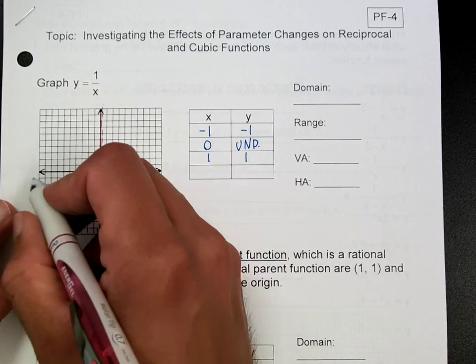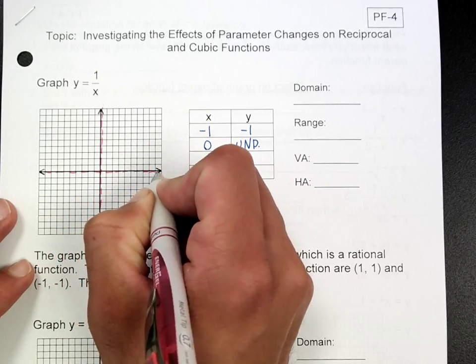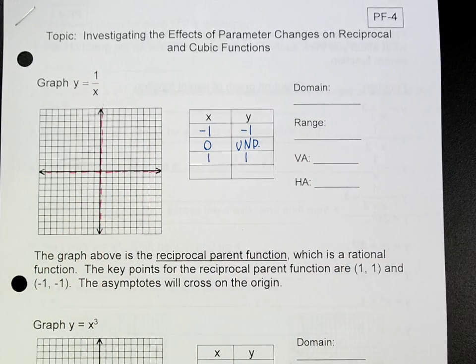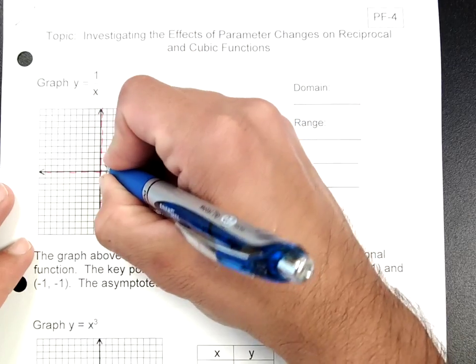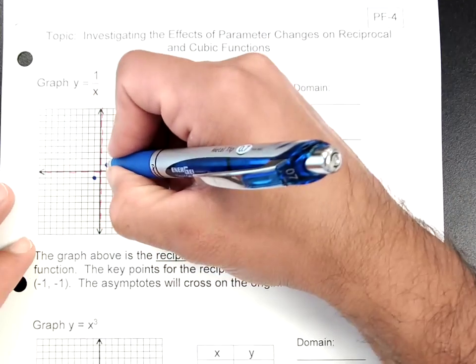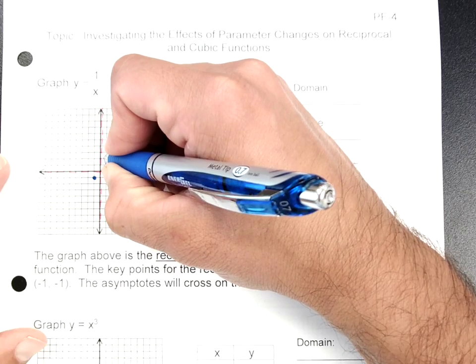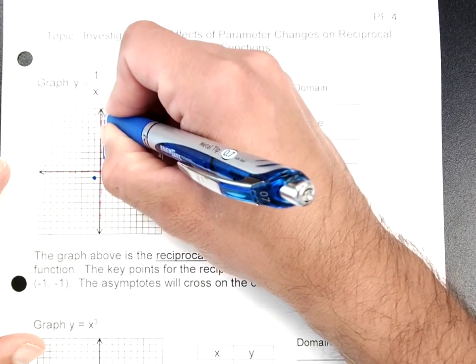But you also have what's called a horizontal asymptote. The way I can explain the horizontal asymptote is, well, let me graph it first. I have 1, 1, -1, -1. Now, the closer I get to 0, x being 0, the number gets bigger, bigger, and bigger, right?